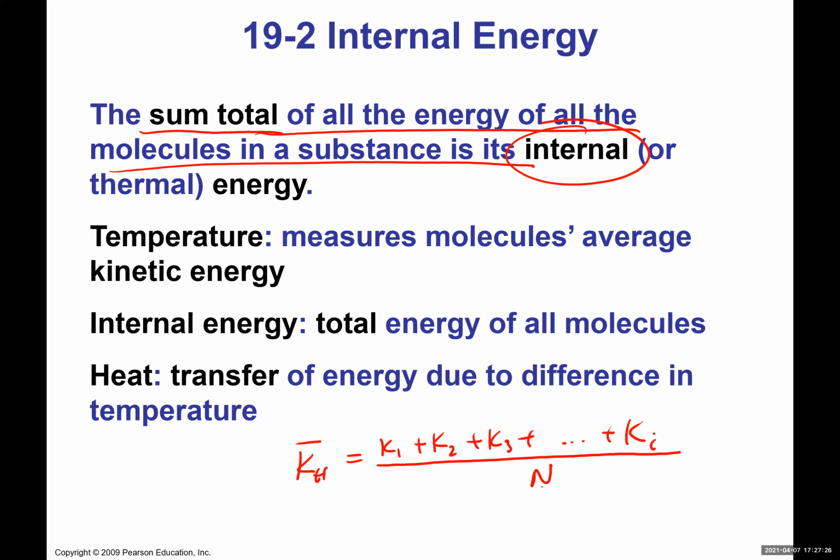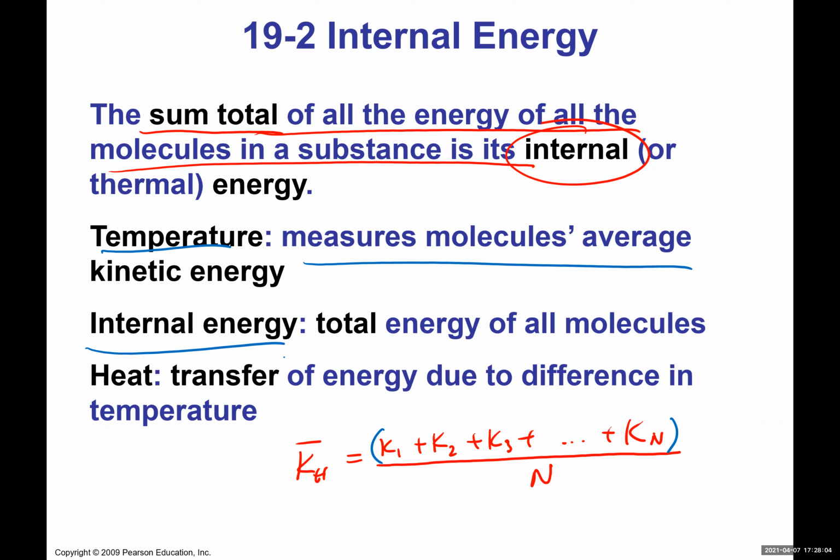This is what the average translational kinetic energy is. The total kinetic energy is what we have right here in the numerator, because that's the total kinetic energy divided by the number of particles. Then you get the average translational kinetic energy. So make sure it's clear: temperature is a measure of the molecules' average kinetic energy.